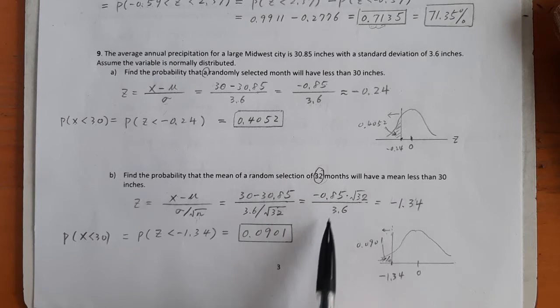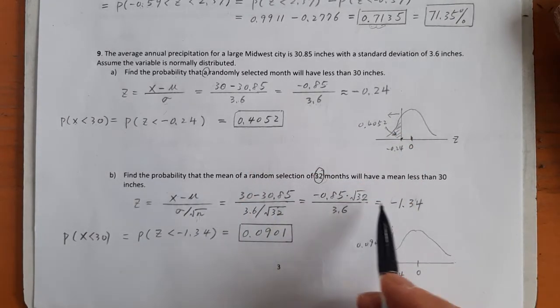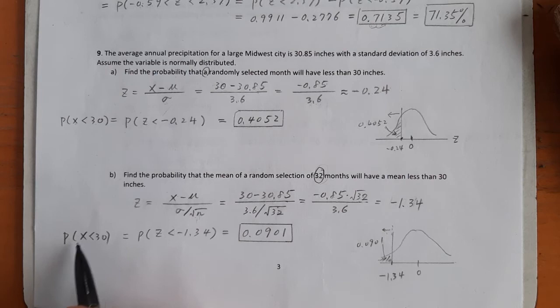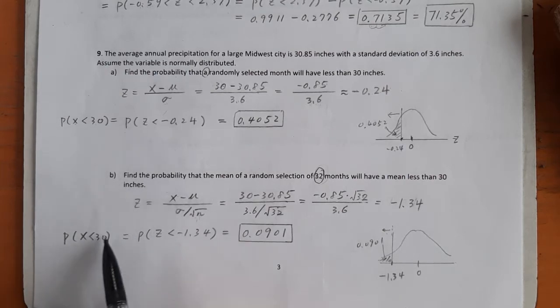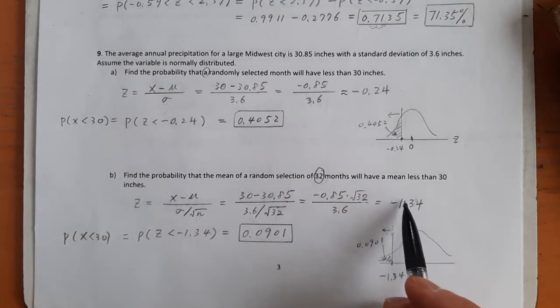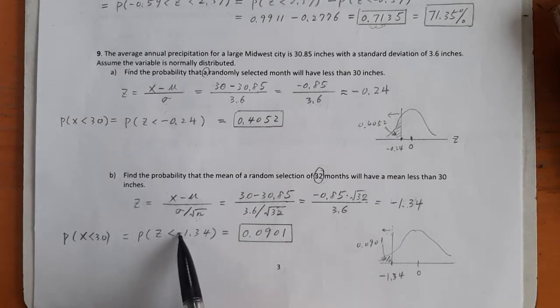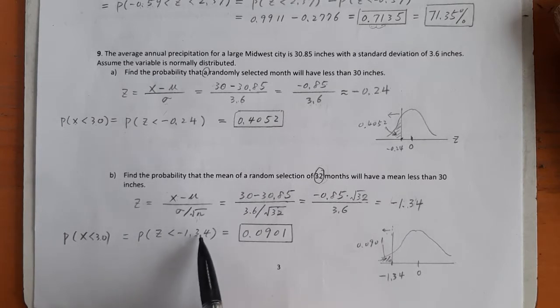Negative 0.85 divided by 3.6 times the square root of 32, you get negative 1.34. So it's the same as the probability z less than negative 1.34.